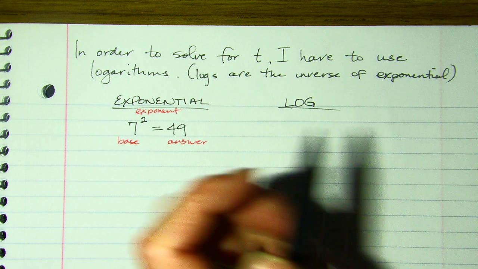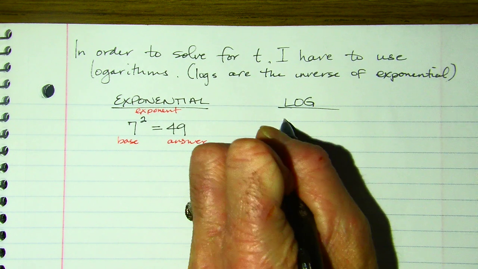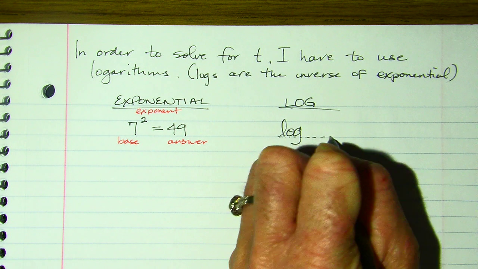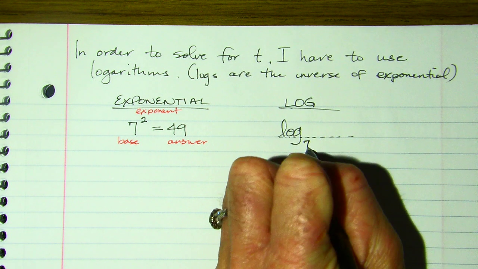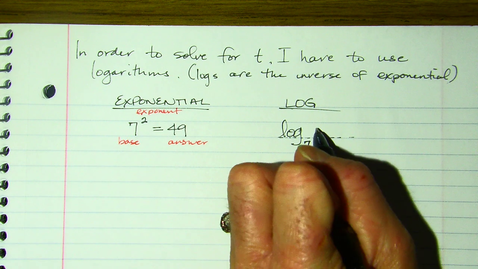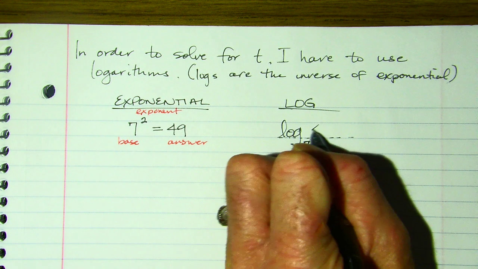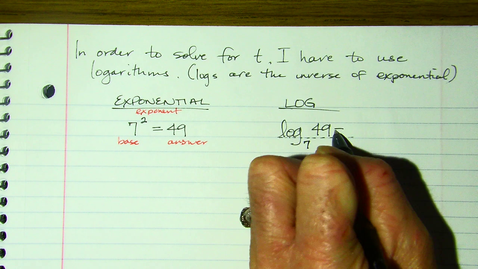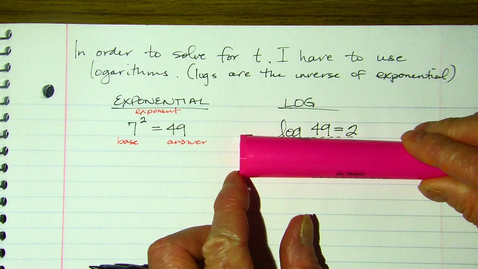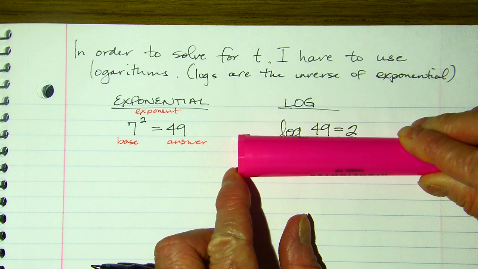So if I wrote this as a log, it would be log, and then below this, you see this line on my paper? Below the line, I'm going to write 7. Then, instead of writing my exponent, I switch these last 2, and I write 49 equals 2. So notice that everything is on a straight line, all the same size.